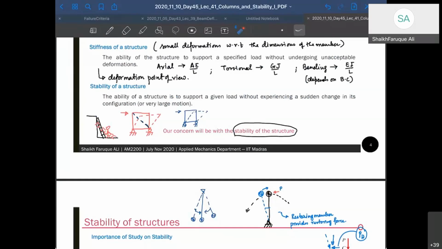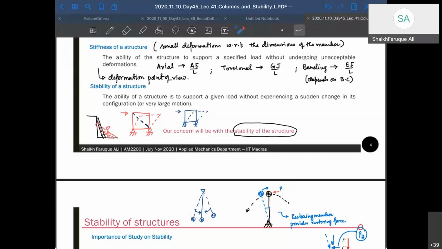But if you do a slight perturbation, let's say a mosquito comes and perturbs it a little bit, what will happen? It will not stay in this position. It will have a large movement from that position and probably settle down here. So there will be a large displacement here, right? Therefore, this position of the pendulum is not stable.